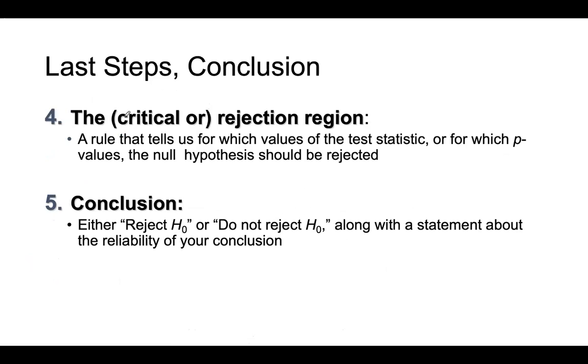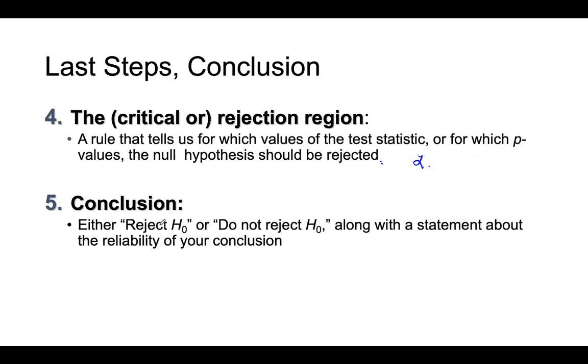And then the last steps. The critical or rejection value has to be obtained. This is a rule that tells us for which values of the test statistic, or for which p-values, this null hypothesis should be rejected. This really depends on our alpha, what level of significance we wish.